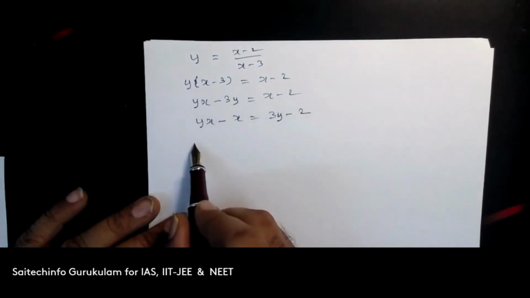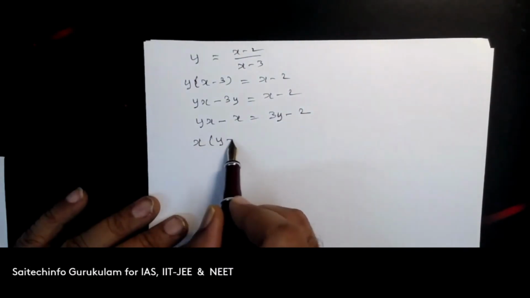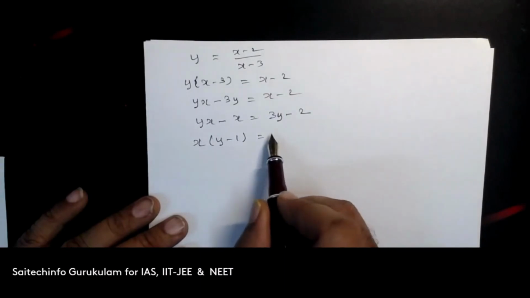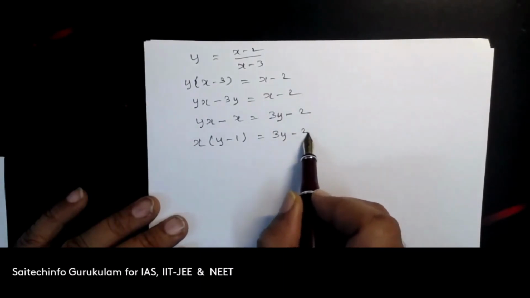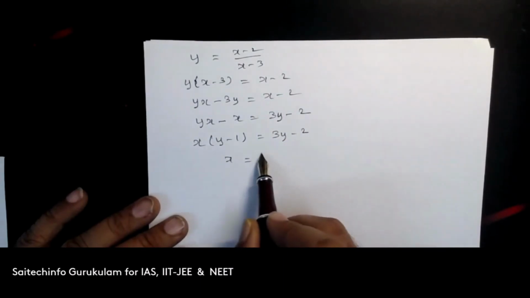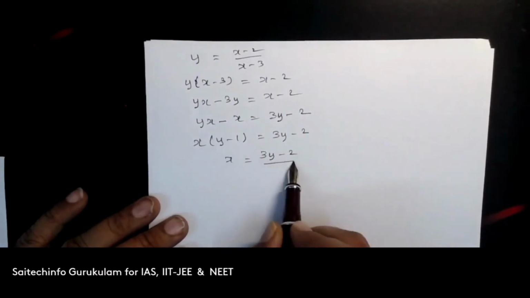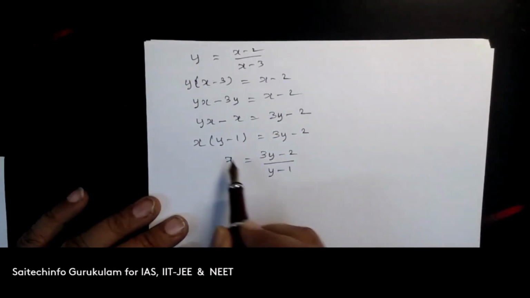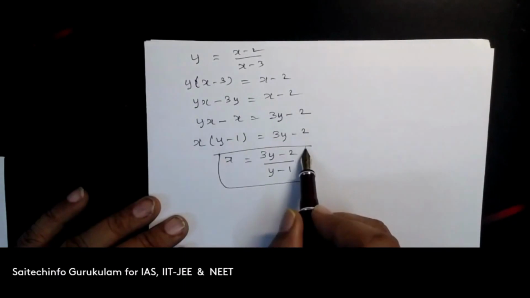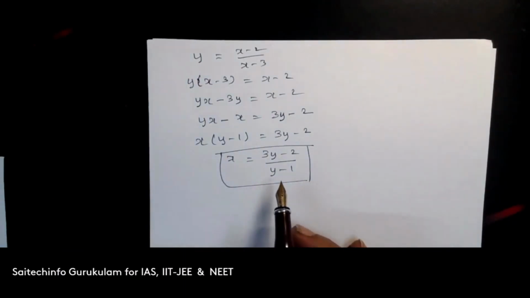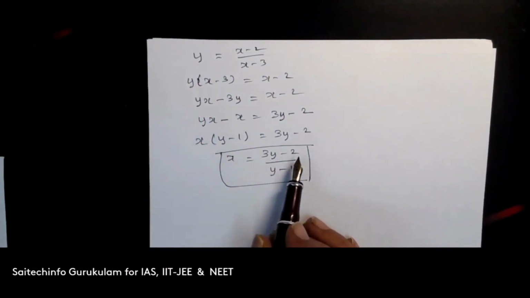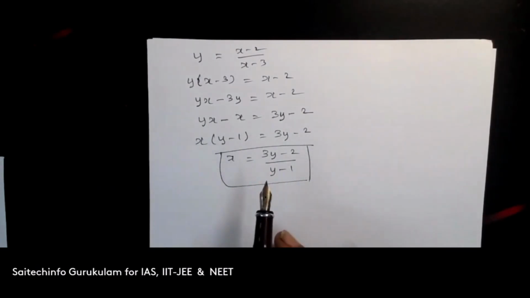So x can be taken outside the bracket. So x into y minus 1 is equal to 3y minus 2. Now x is equal to 3y minus 2 divided by y minus 1. Okay. So I have interpreted the 3y minus 2 divided by y minus 1 as x here.